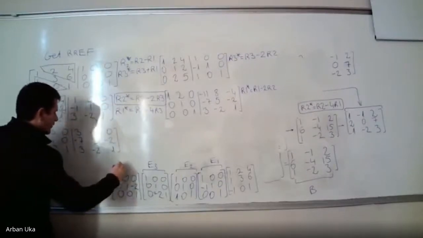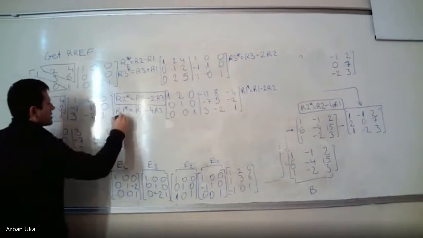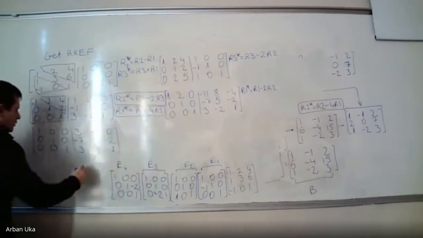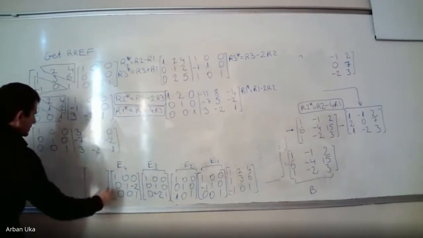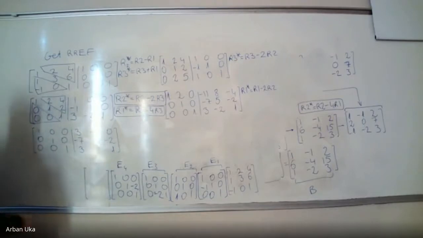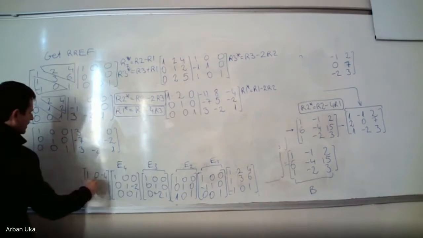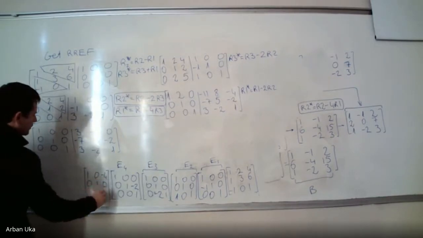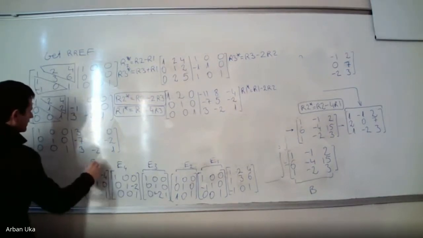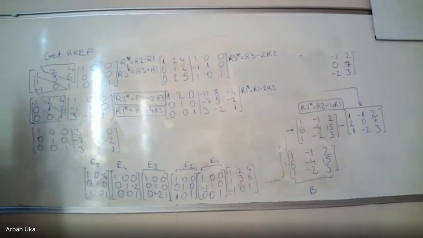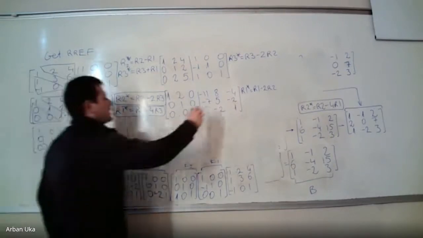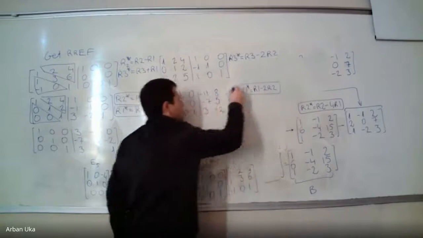So this is E4. Then let's do this one. How would the identity matrix look like? This is row 1 minus 4 row 3. This is 1, 0, minus 4, 0, 1, 0, 0, 0, 1. This is E5. Okay. Now we are left with the last one, which is this transformation here.